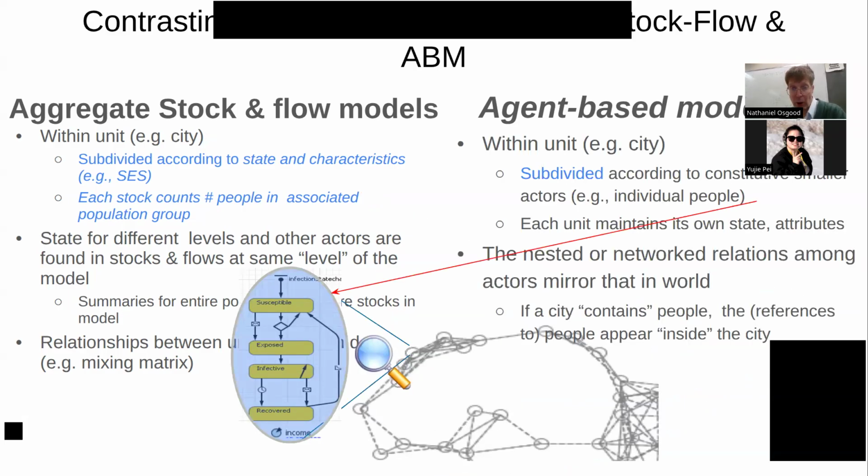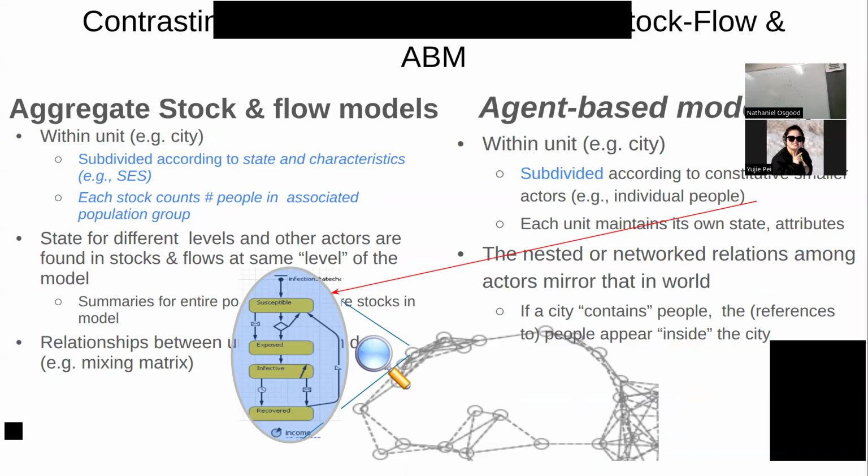In an agent-based model, the organization is very different. The units of organization at runtime, when we're simulating, are individual agents. And each agent keeps track of its evolving state.